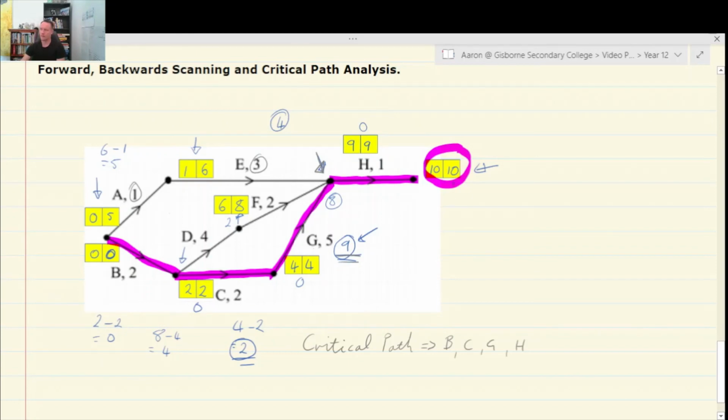Backward scanning, the second box, put the same value in for the finish time and subtract each value associated with the activity. So 10 minus 1 was 9, 9 minus 3 was 6. Then that gives you your float times for each activity. Okay. From there, you can then conduct your critical path analysis by finding the path where there are float times of 0 the whole way through.